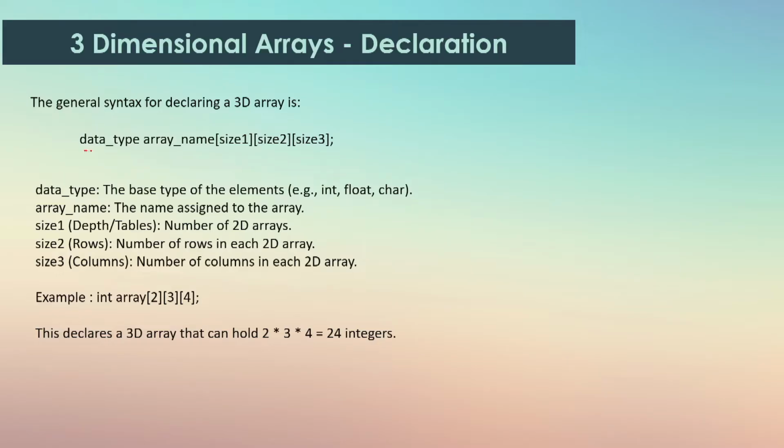Then we learn how to declare the 3-dimensional array. The syntax is data type, array name, size 1, size 2, size 3. Size 1 represents the number of 2D arrays, size 2 represents the number of rows and size 3 represents the number of columns.